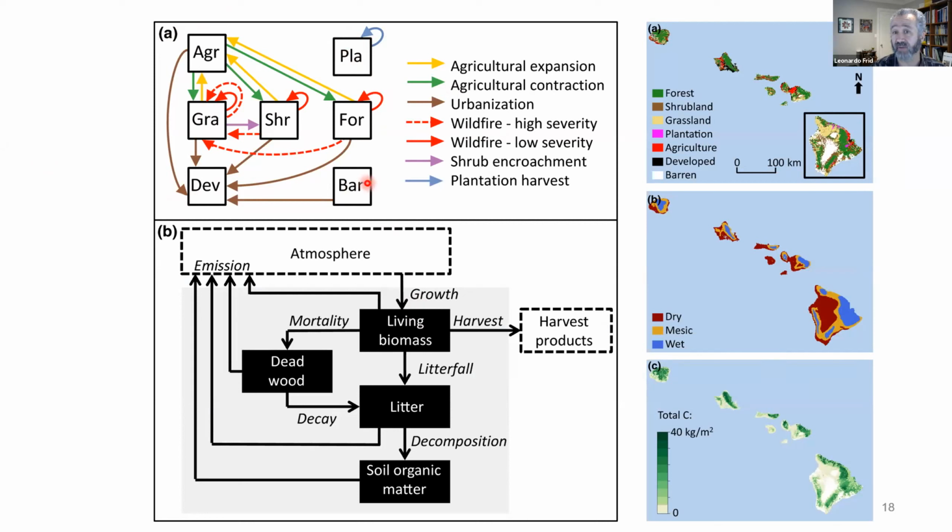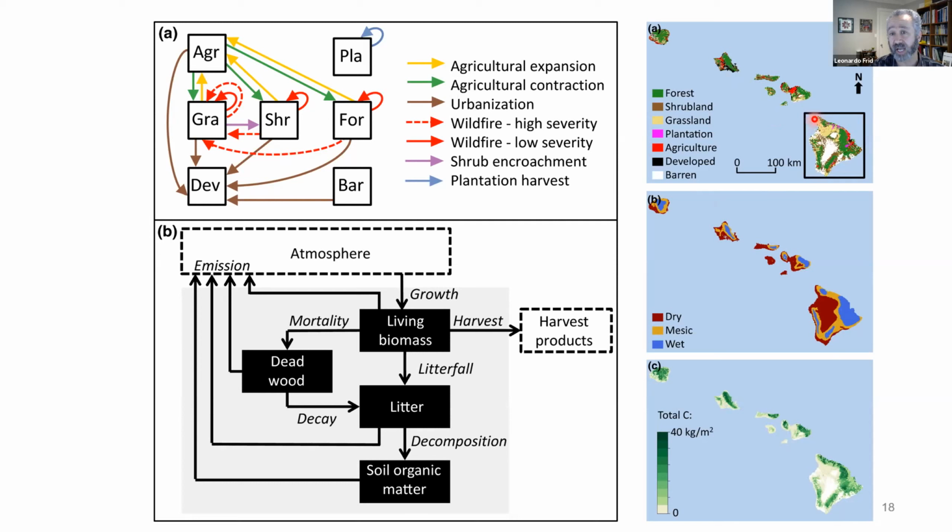These are mainly the high elevation volcanic areas. On the right, we see the starting conditions for the year 2011 for our model and how the landscape is classified across all of the state of Hawaii.